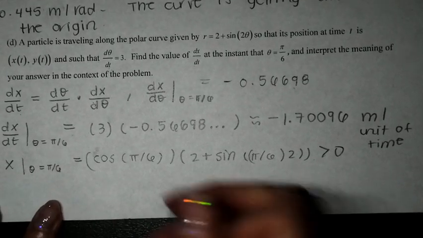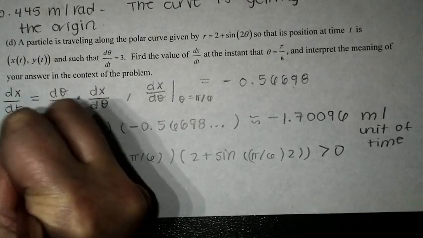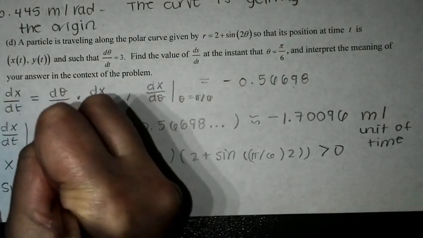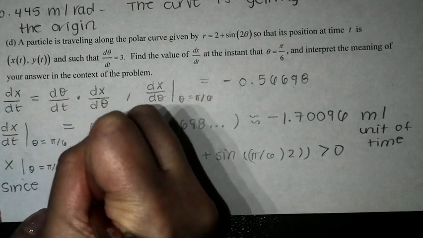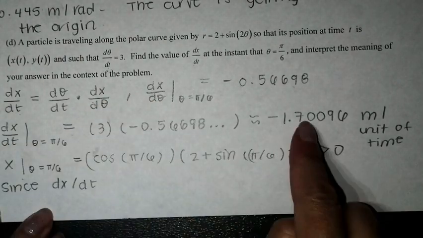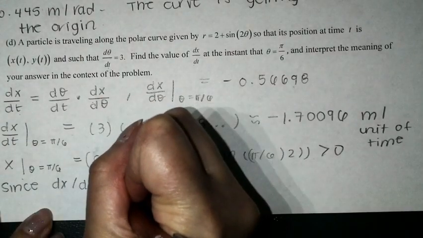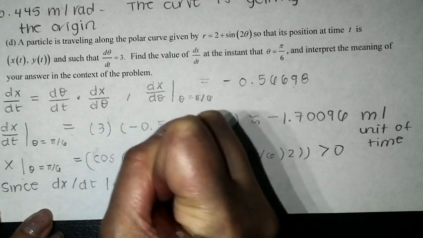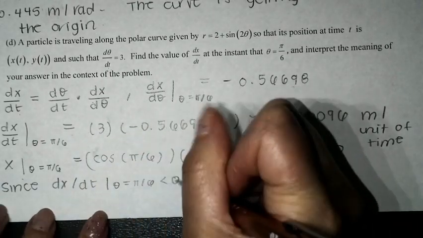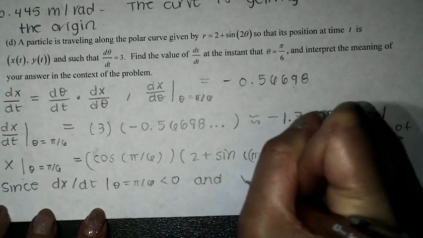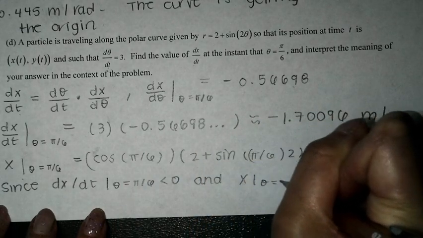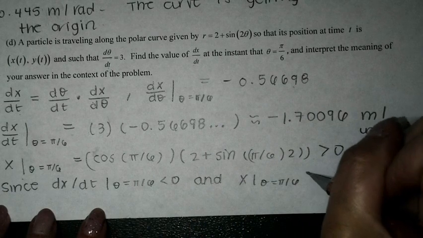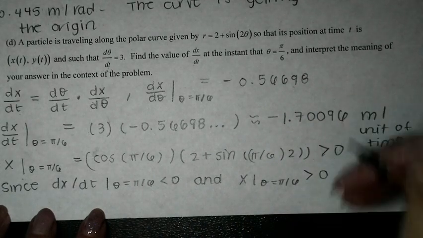So here, since dx/dt, the one that we have here, evaluated at pi over 6 is negative, and x evaluated at pi over 6 is positive, they have opposite signs. Please note that.